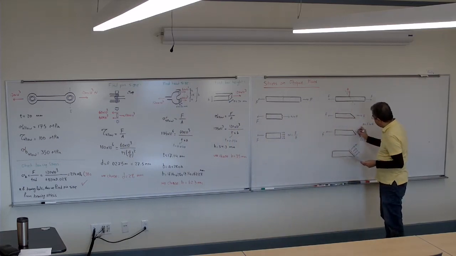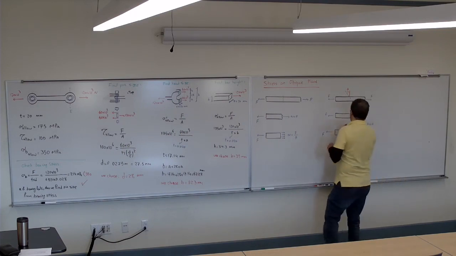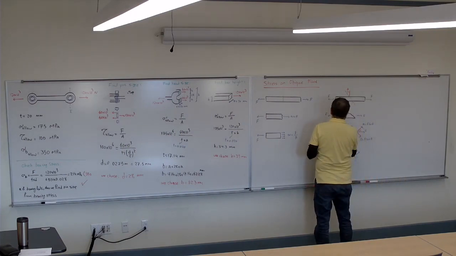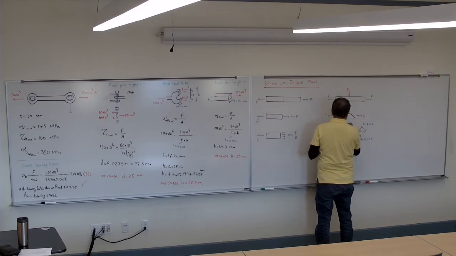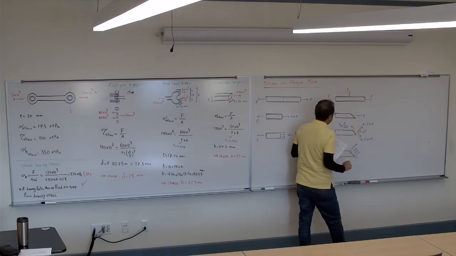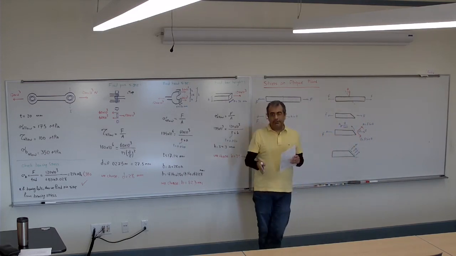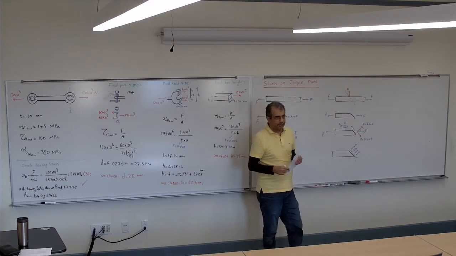How much is this area? We call it A of theta. This area would be A divided by cosine theta, where A is the normal cross section.